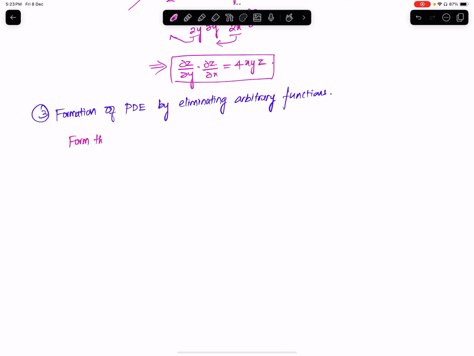Form the PDE by eliminating the arbitrary function z is equal to f of x square plus y square.